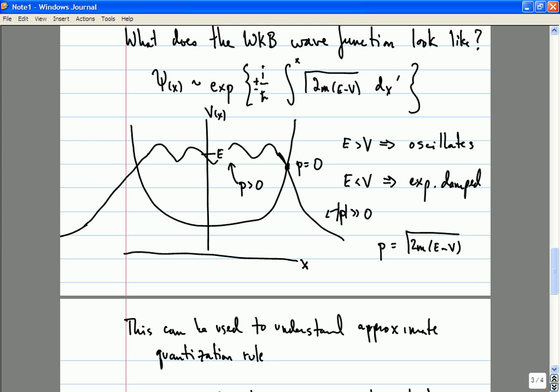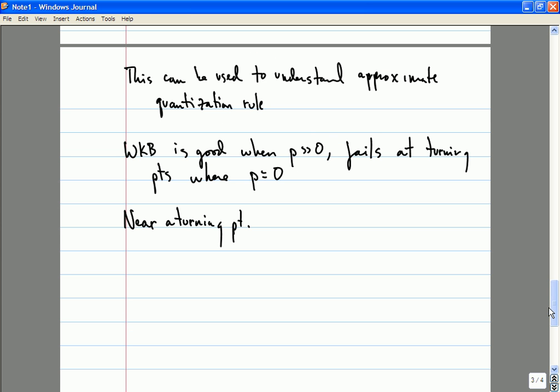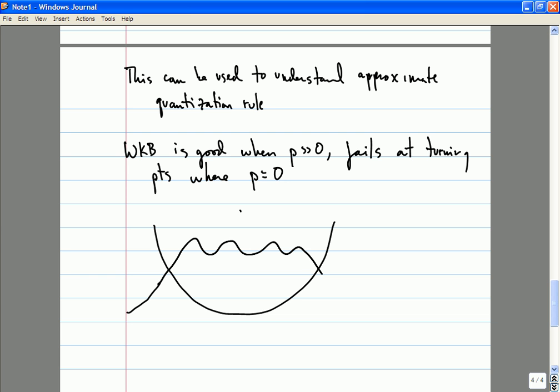This picture is getting a little crowded, so let me redraw it. Roughly speaking, you have some potential like this, then the wave function looks like this. You expect WKB to be good in that region, and it's the goodness of the WKB approximation there that will lead to the semiclassical Bohr quantization rule.